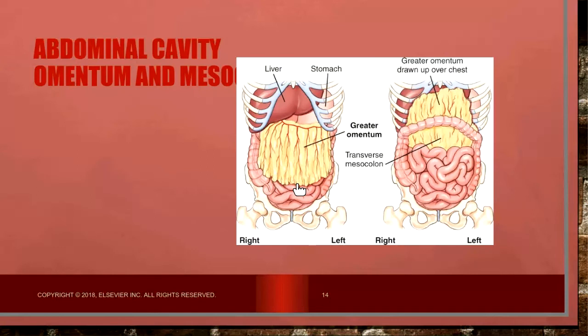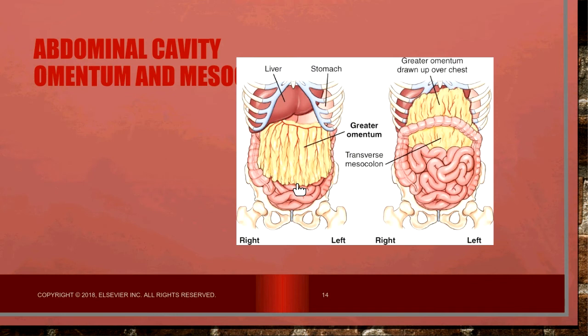Okay, it's a double fold of peritoneum that extends from the stomach to other organs. And the lesser omentum extends superiorly from the lesser curvature of the stomach to the liver, and the greater connects the transverse colon to the greater curvature of the stomach from beneath. So it's like a big fat drape.